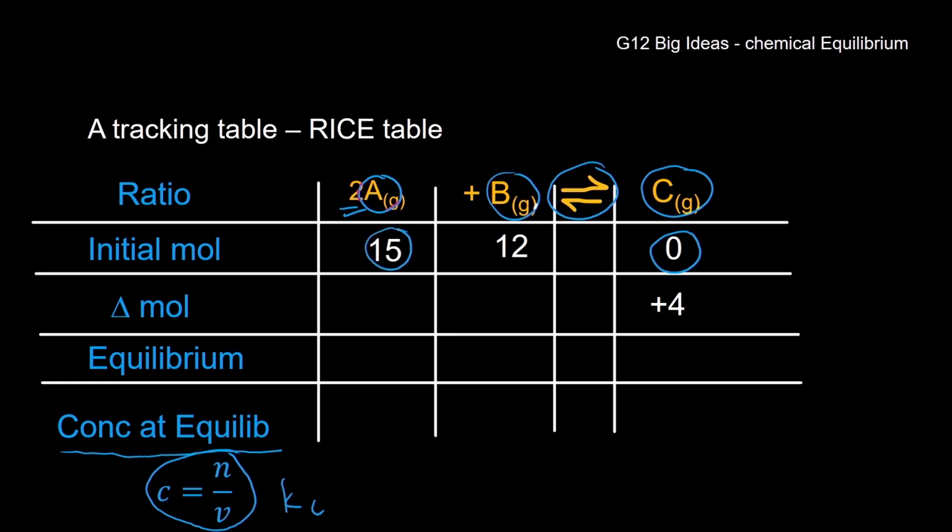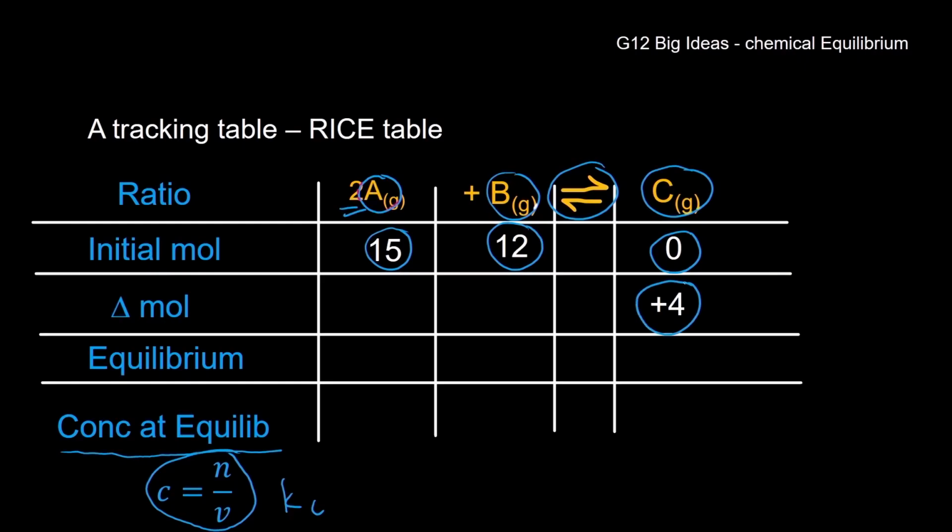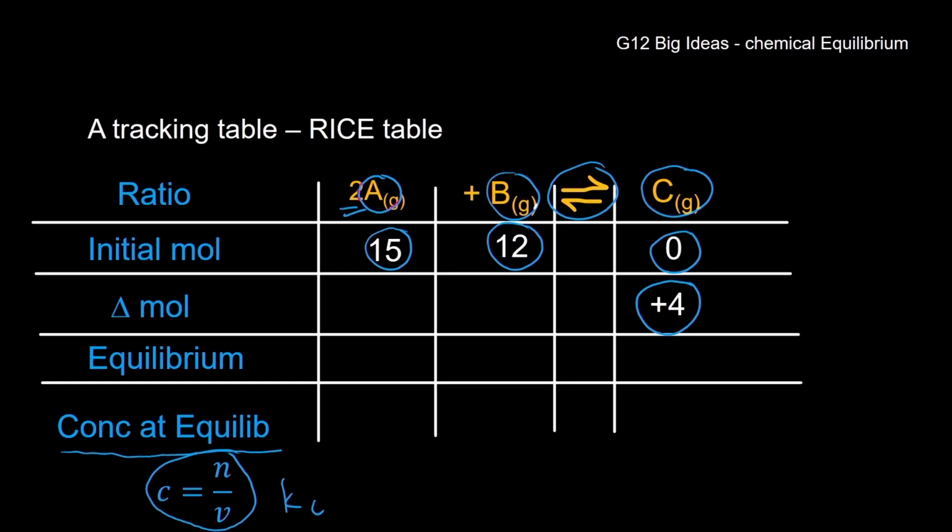So I'm saying initially at the start of the reaction, I have 15 moles of A, and I've got 12 moles of B. Now, I'm telling you, I'm giving it to you, that in this reaction there is a change in the product, and the change is 4 mole. So that means that 4 mole of C is formed during the reaction, and so at equilibrium I will have 4 mole of C.